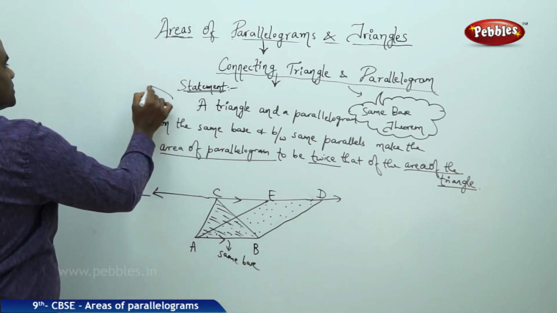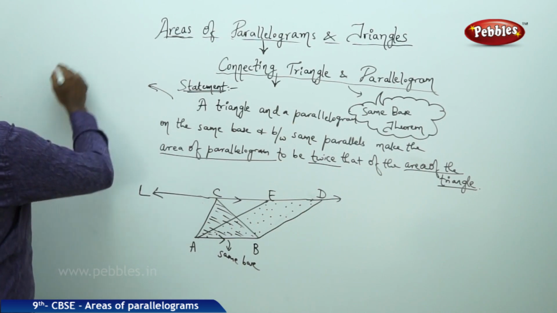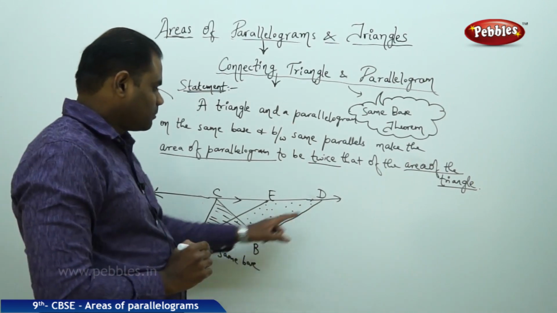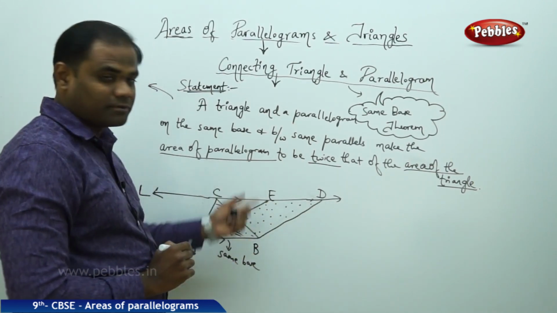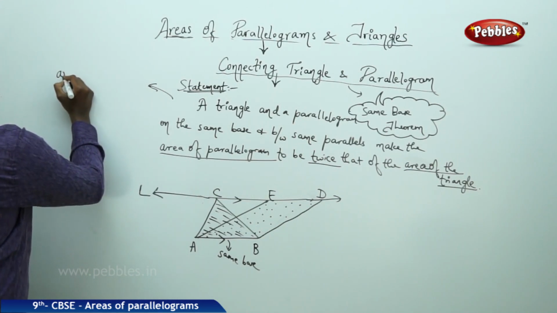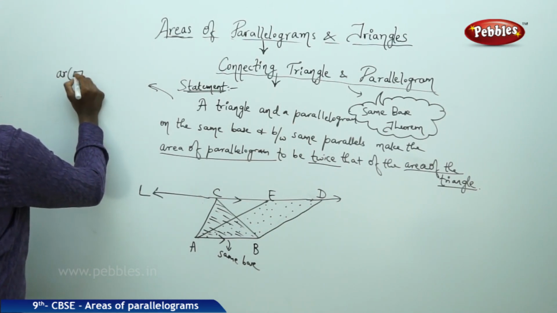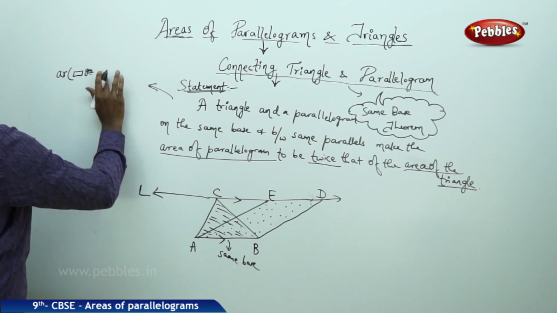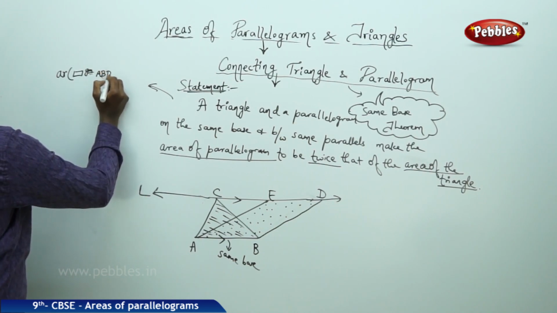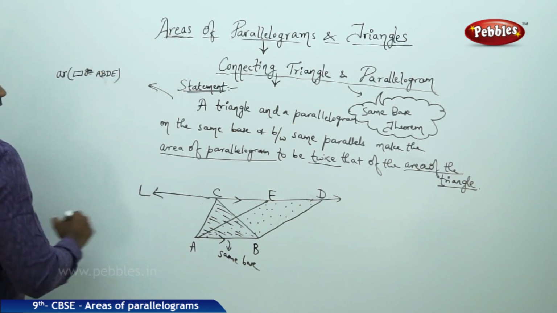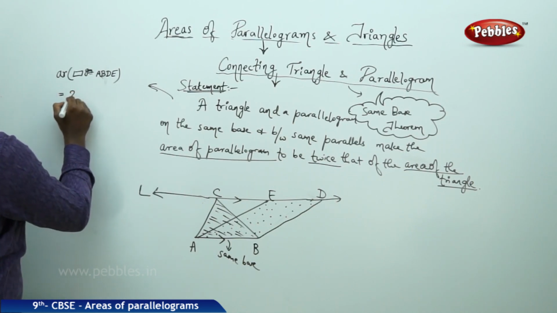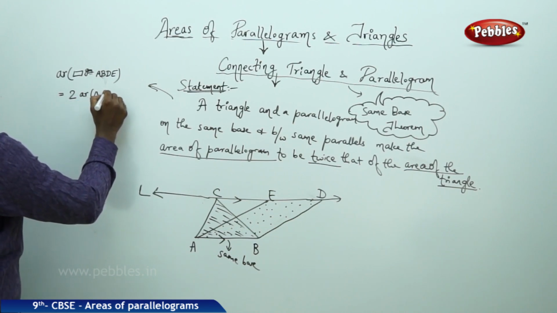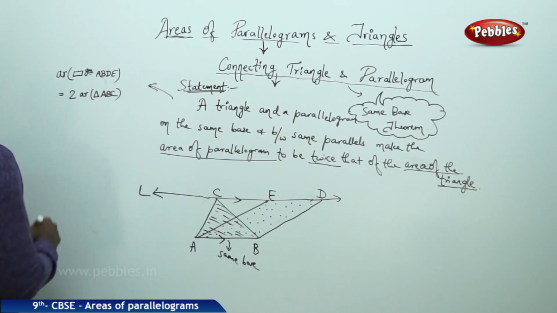So the statement clearly says that for triangle ABC and for parallelogram ABDE, which are on the same base and between same parallels, area of parallelogram ABDE is twice of area of triangle ABC.